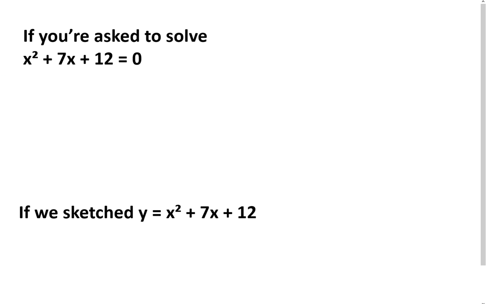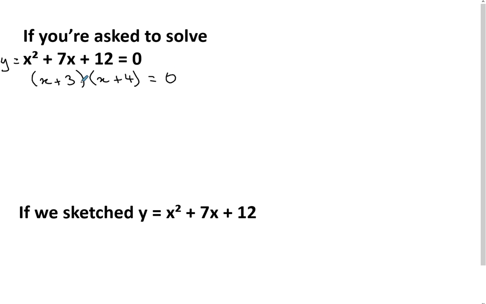If you're asked to solve x squared plus 7x plus 12, then because the equation comes from the curve y equals x squared plus 7x plus 12, we're finding the values where y equals 0, which are really the x-intercepts. So we've got x plus 3, x plus 4, and we make that 0.